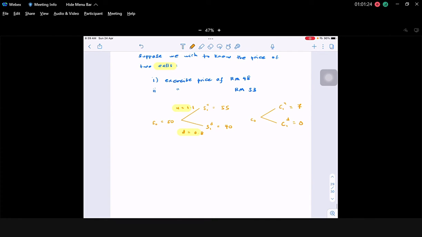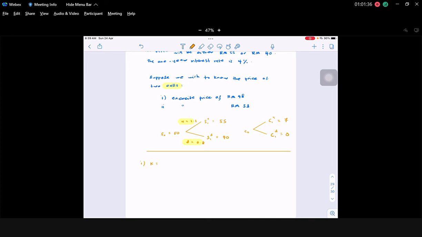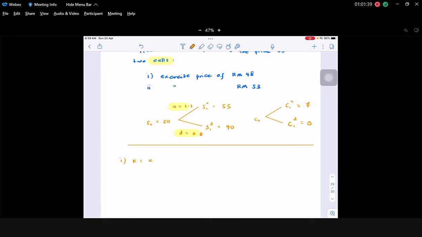Okay, so based on all this information, using the general formula untuk call option, kita boleh tentukan untuk K, strike price equal to 48. Then berapa call option dekat sini?